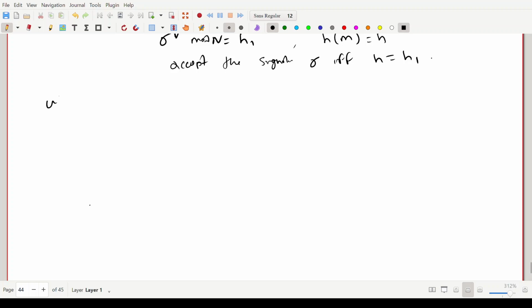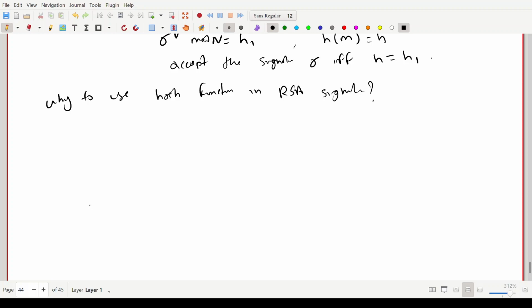The question is why to use a hash function in RSA signature. A simple example is the known message attack.